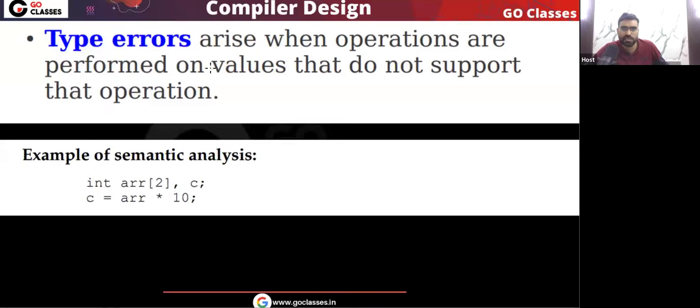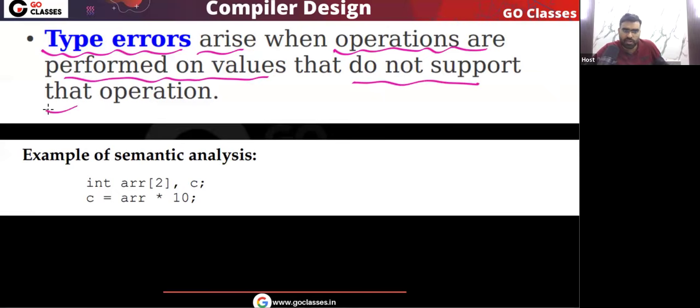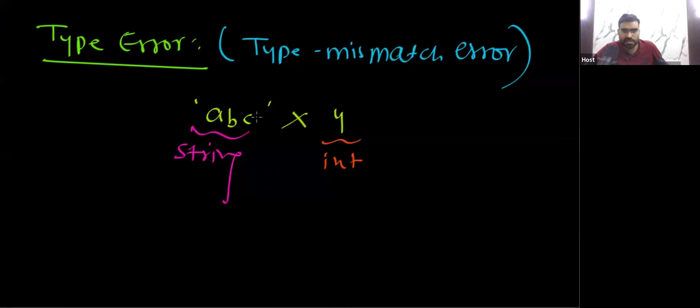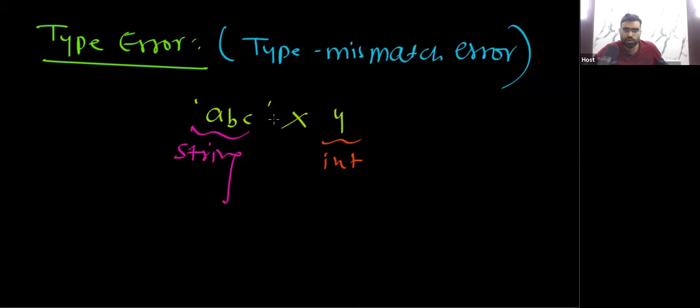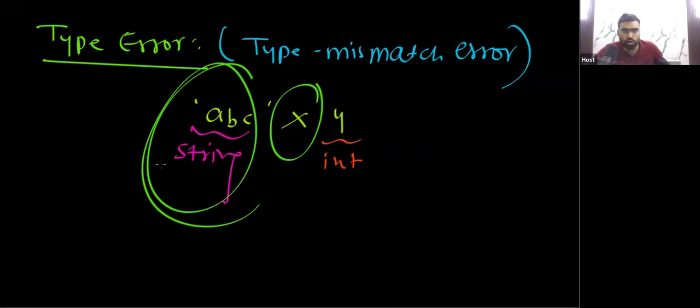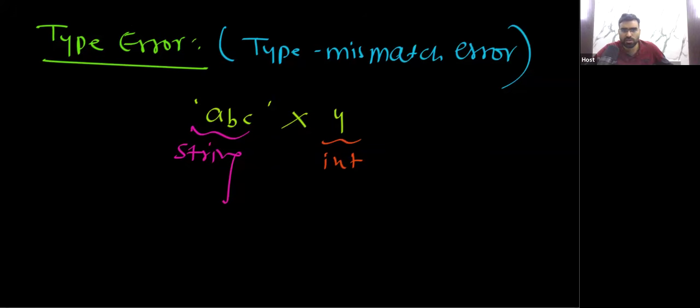Read this: the type error will arise when the operations are performed on values which do not support those operations. Like this string, it does not support multiplication. So you can see that here the type mismatch will happen. Is this clear? So type mismatch will happen when a multiplication operation is performed on values which do not support this operation. Okay, so this is a very simple idea. This is the idea of type mismatch.